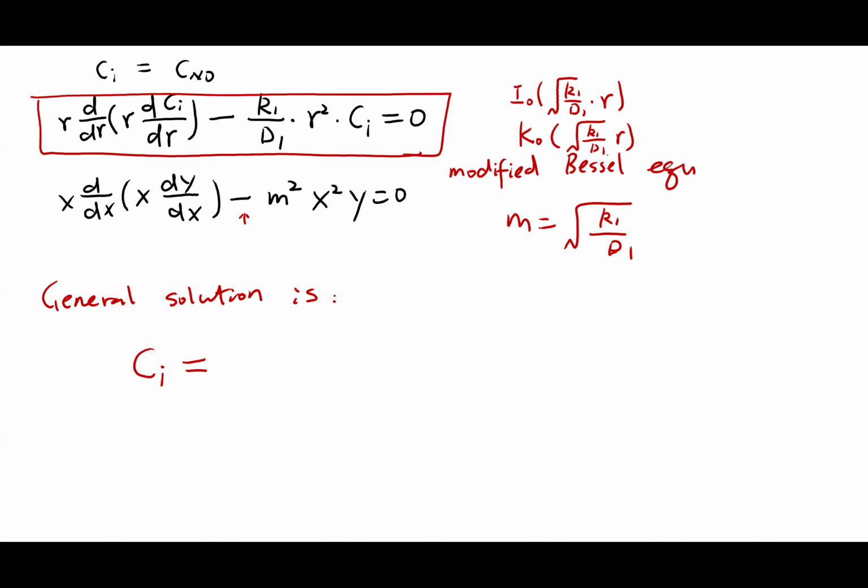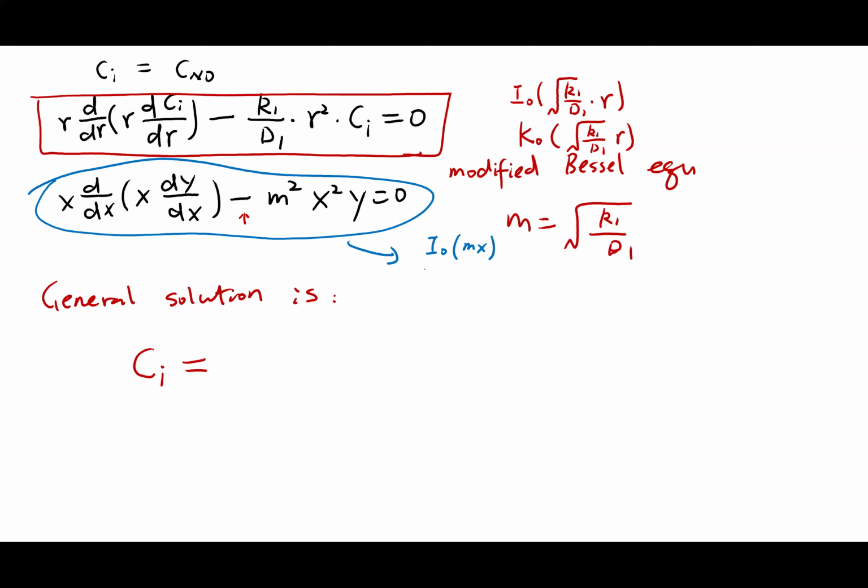This is because a general solution for this is a linear combination of I0(mx) and K0(mx). So this m is this, and x in the example is r, right?